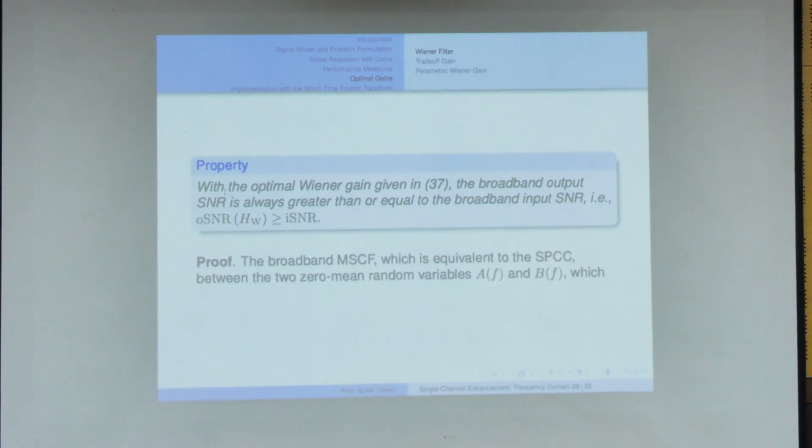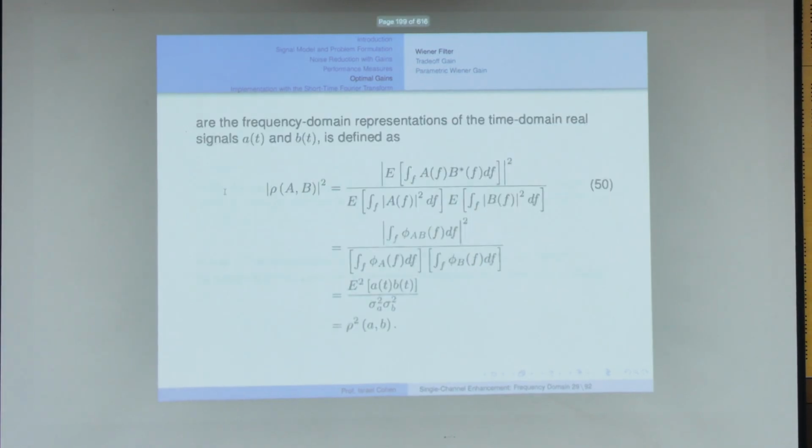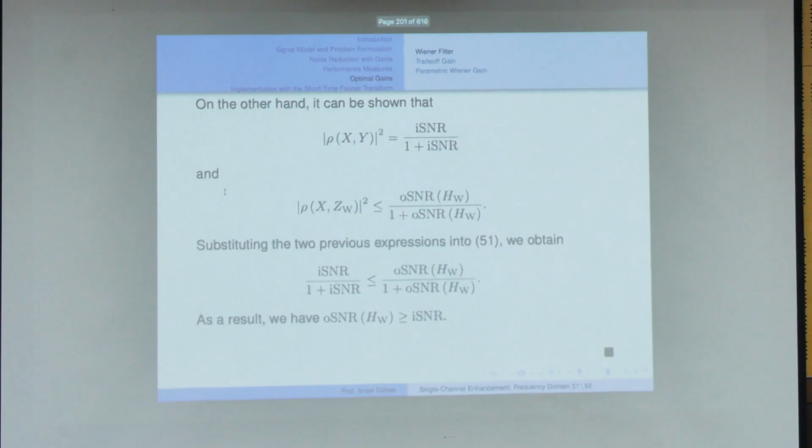So with the Wiener gain, just like we know in the time domain, we can always get at least 0 gain in broadband SNR. And there is a proof for that. I will not go into the details, but here is the proof.